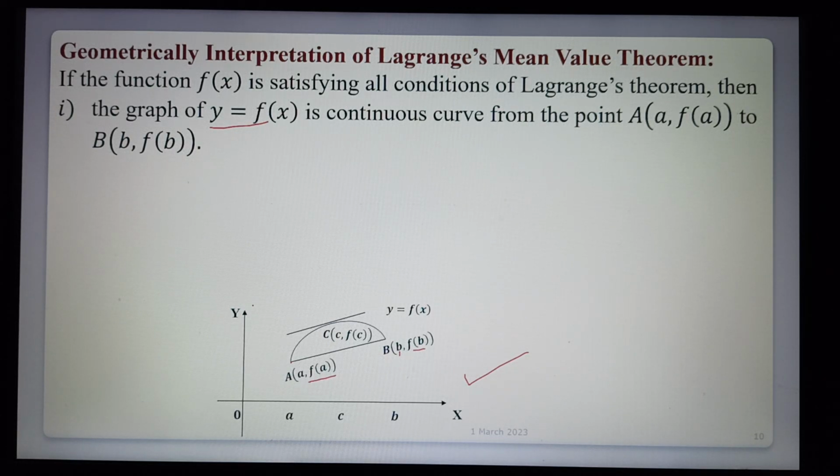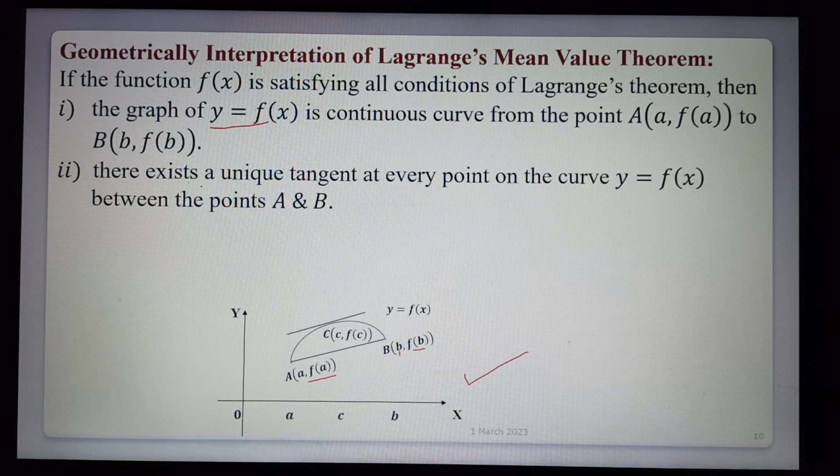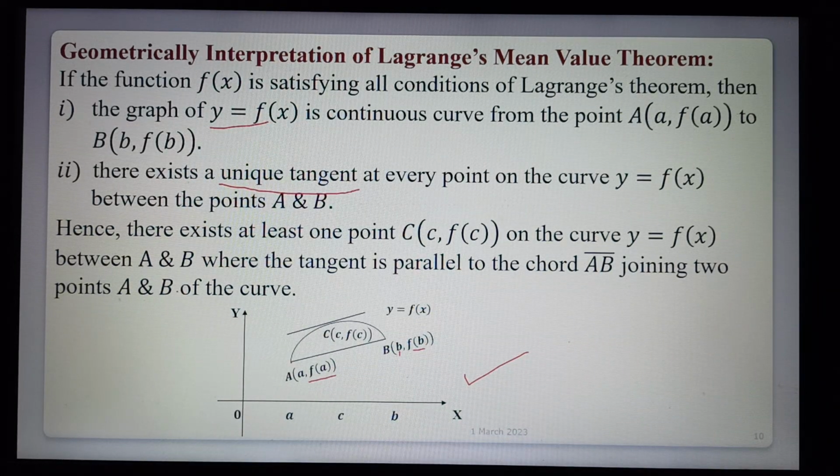Next, the second condition is differentiable. Differentiable means there exists a unique tangent at every point on the curve y is equal to f of x between a and b. Then there exists at least one point c on the curve y is equal to f of x between a and b where the tangent is parallel to the chord AB, joining the two endpoints a and b of the curve.